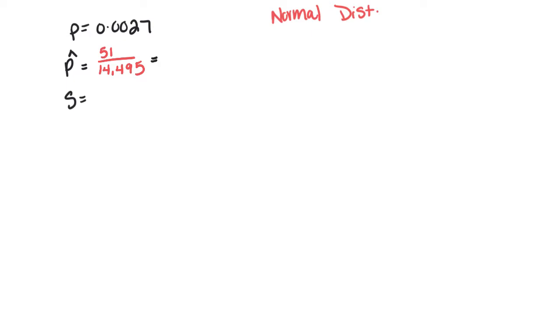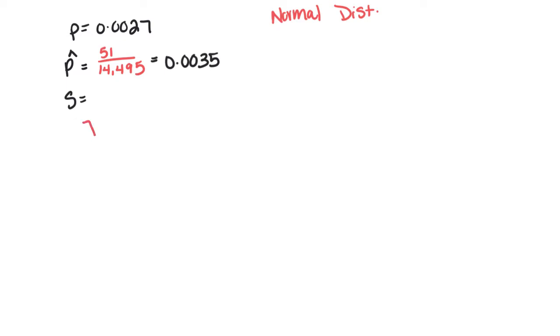And when I calculate that as a decimal, I'm looking at 0.0035, and I'm going to be rounding to the 4th decimal place today. The greater number of decimal places that you choose to round to will give you a more accurate analysis, but just as a rule of thumb, I'm just going to do up to 4 decimal places as a rounding. So I've got my p hat value.